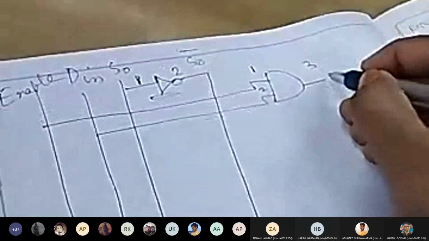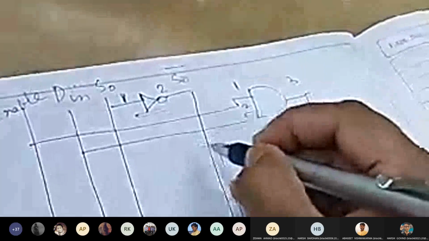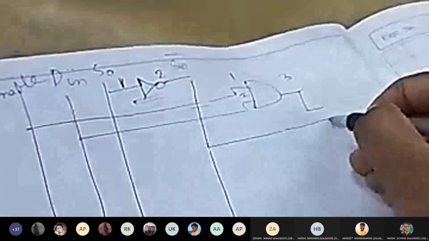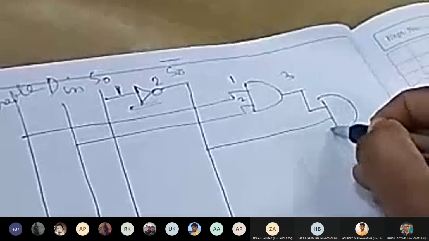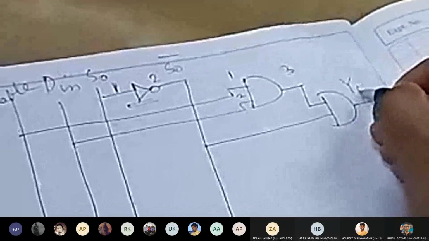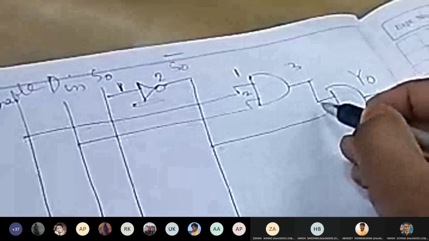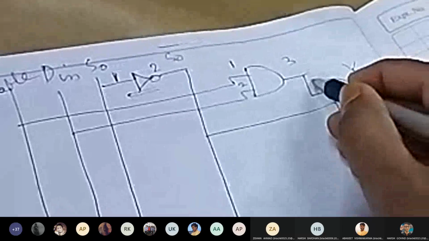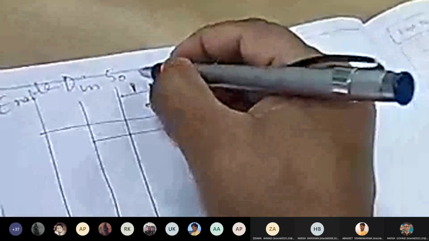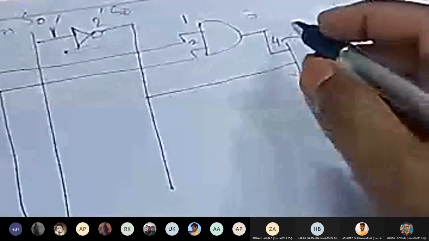Now this 3 will become the input, and S0 bar will become the input for another AND gate, and this will become Y0. Pin number 3 is connected with pin number 4 and the NOT output. I'll make a dash so you can understand: the dash denotes the NOT gate and 1, 2, 3, 4 denote the AND gate.